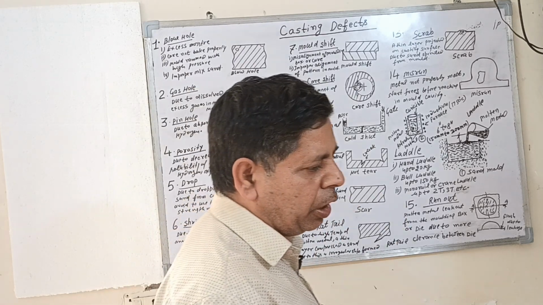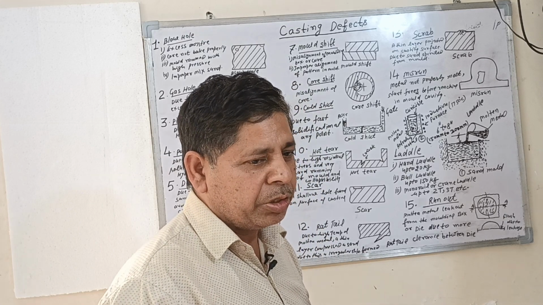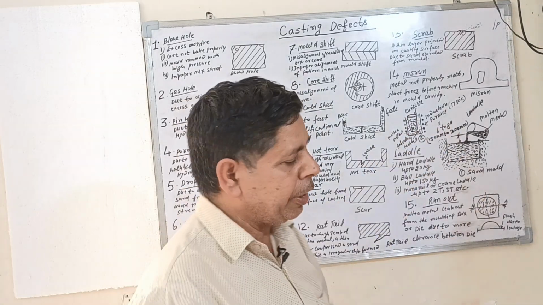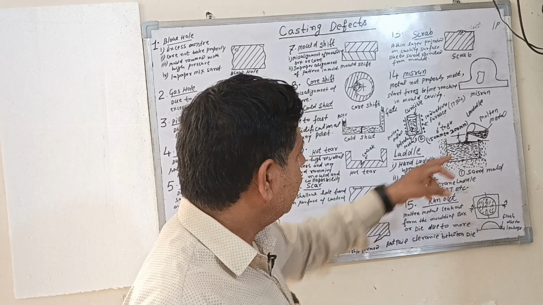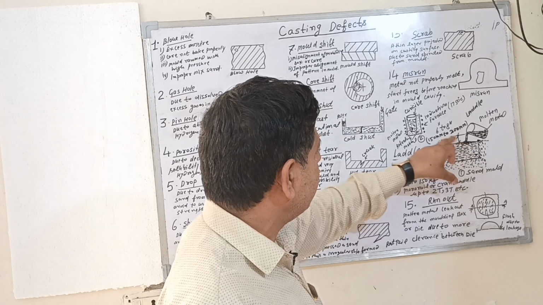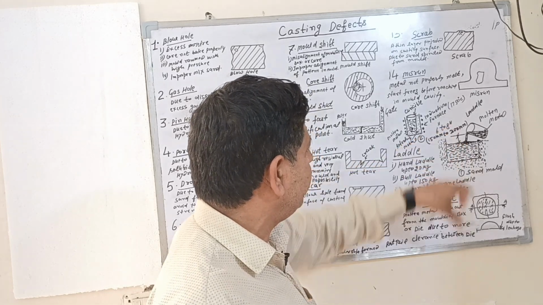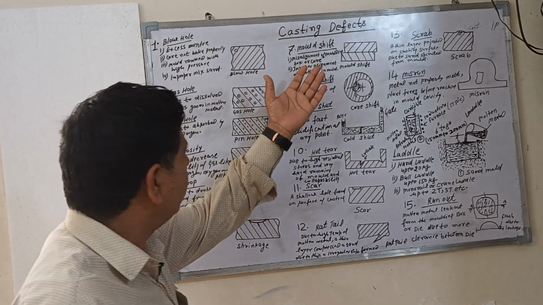Due to the hydrogen and oxygen, different types of blowholes, pinholes and inclusions are created, and due to the nitrogen the surface of the casting will be hard. To avoid it, the distance between the pouring and the surface, 6 inch to 8 inch, should be taken. Different types of defects.